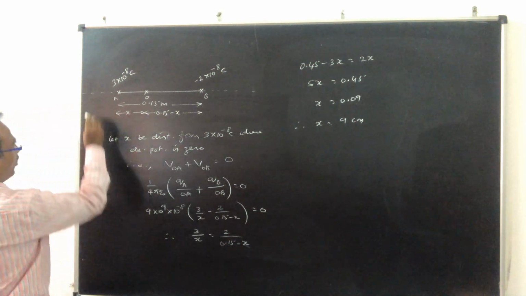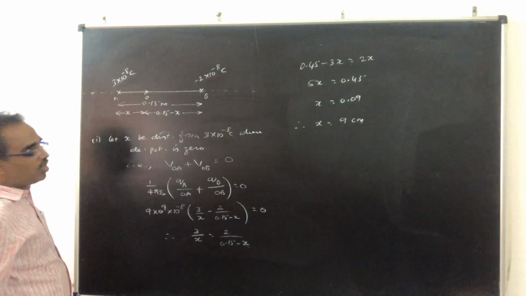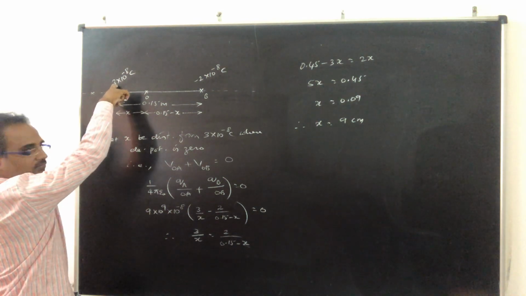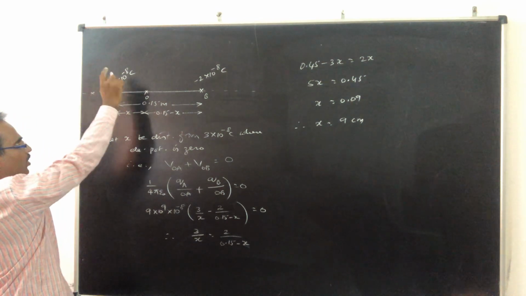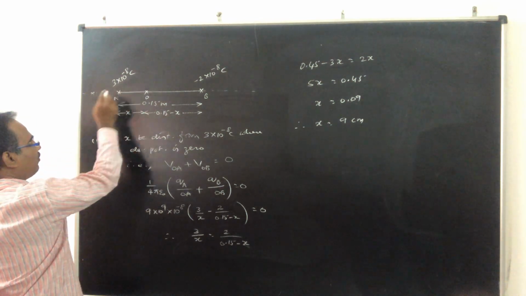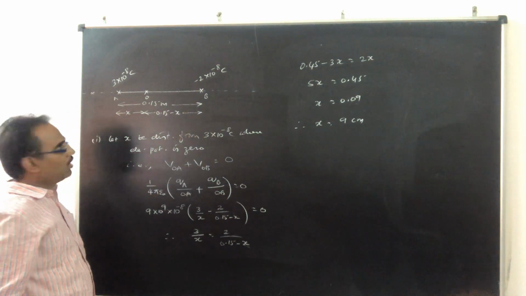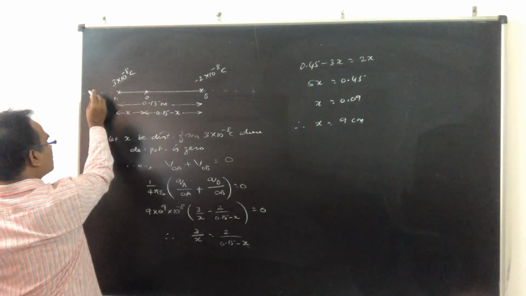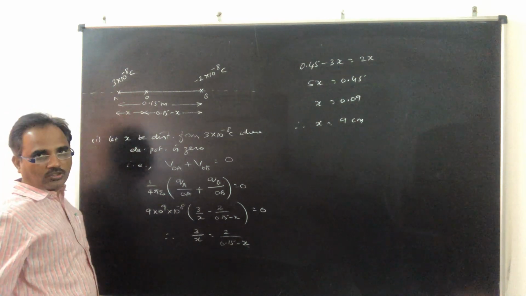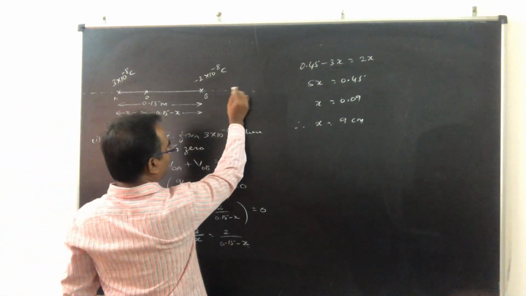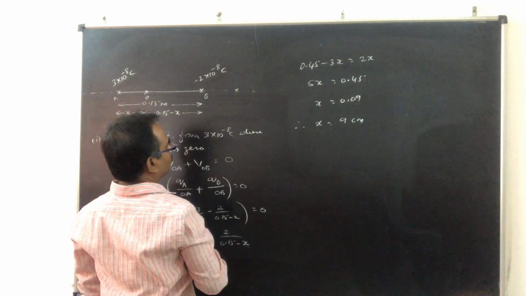If I consider some point here, this distance being smaller and this charge being larger, potential due to this larger charge will always be more than the potential due to this smaller charge. Therefore, nowhere towards the larger charge can the potential become 0. It's not possible. So obviously, there must be some point lying here.